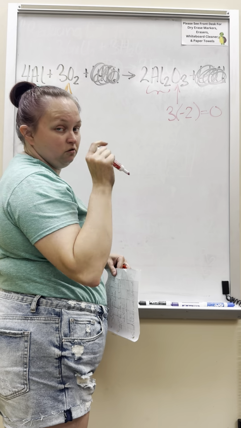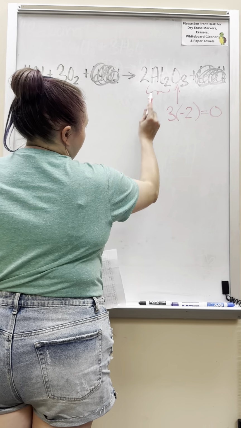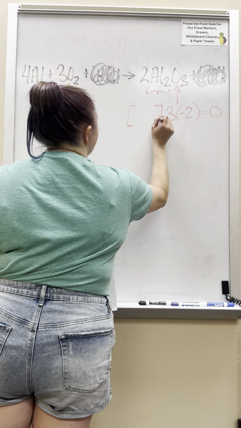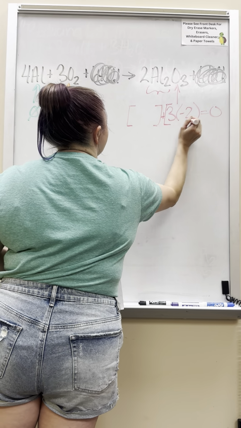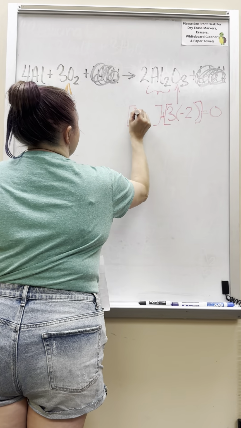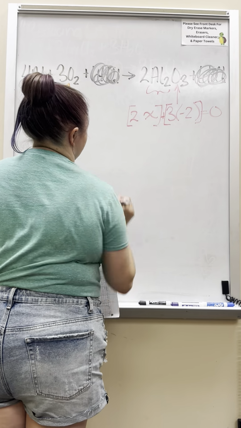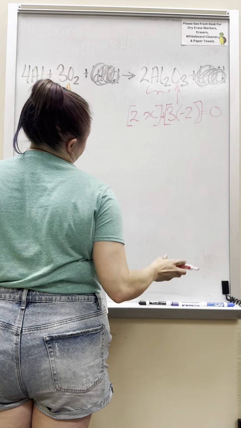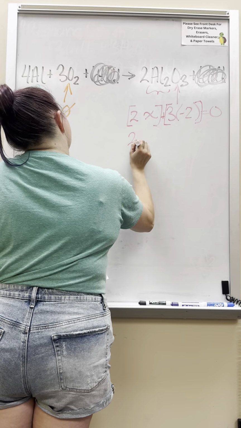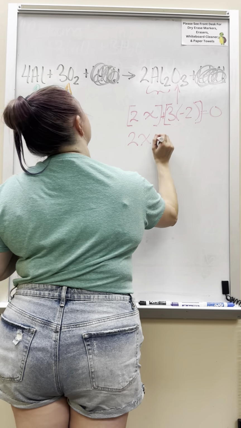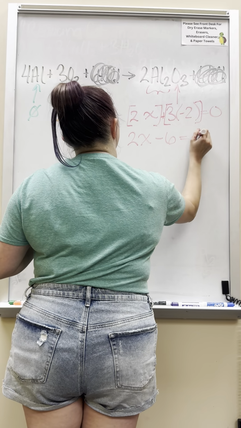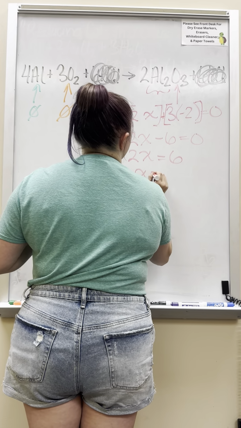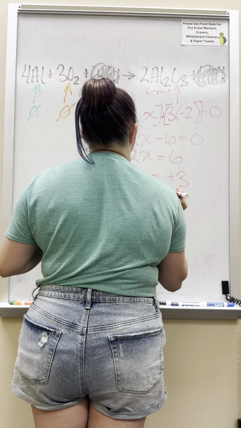That 2 will screw you over. Okay? So this is going to be two times some value plus this equals 0. So simplify, 2x minus 6 equals 0. 2x equals 6. X equals positive 3.